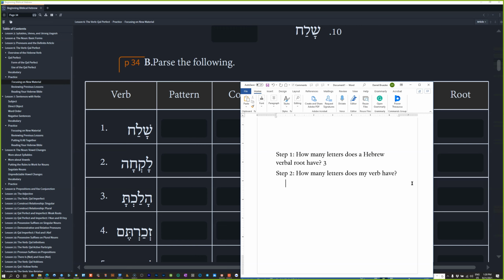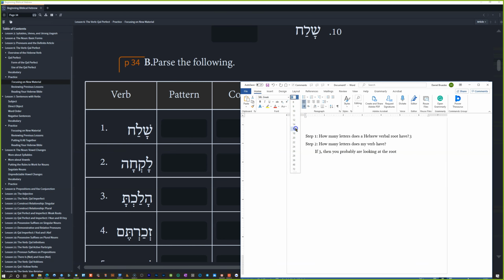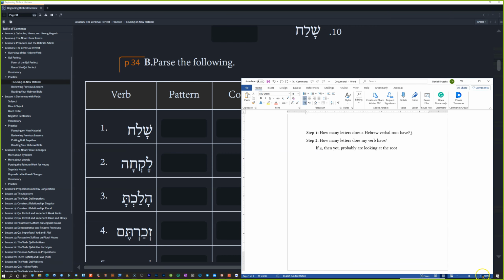Well, if 3, then you probably are looking at the root. Let's go down to 16. That should be big enough. And if it's not, we can always zoom.